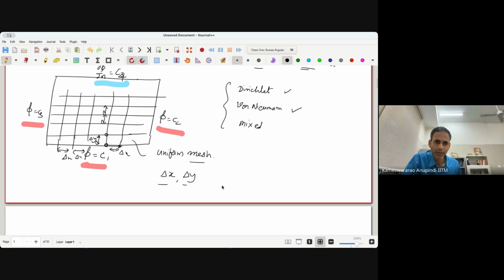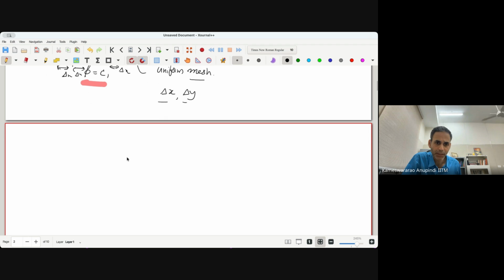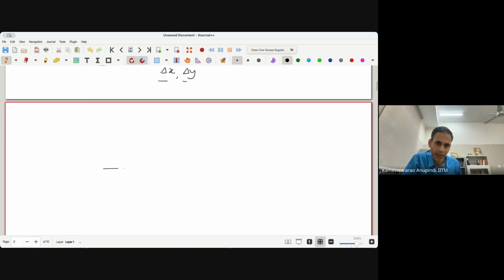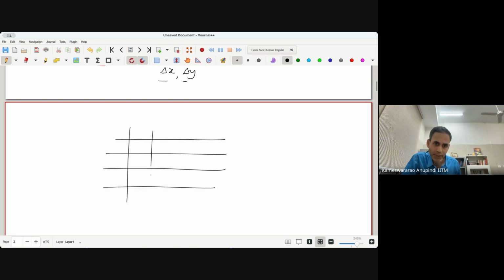So let me redraw this figure slightly here. Essentially, that is the grid we are dealing with, and we are storing our phi values at the nodes.